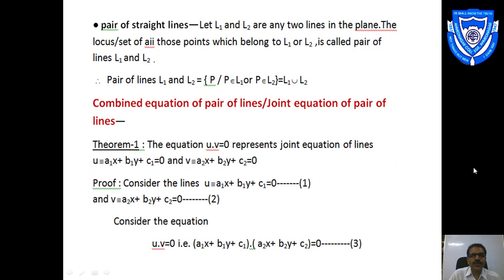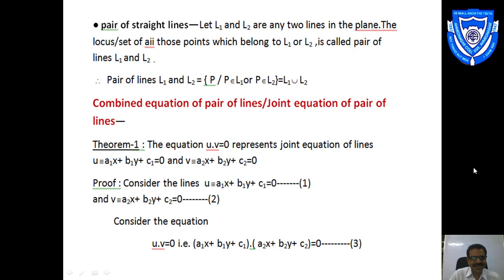Now once you know the idea of pair of straight lines, we know that every locus, every geometrical figure, is associated with some mathematical equation, which you already learned in 11th class under the title locus. So here L1 union L2, or the pair of straight lines L1 and L2, is itself one locus, and that locus must be associated with some mathematical equation.